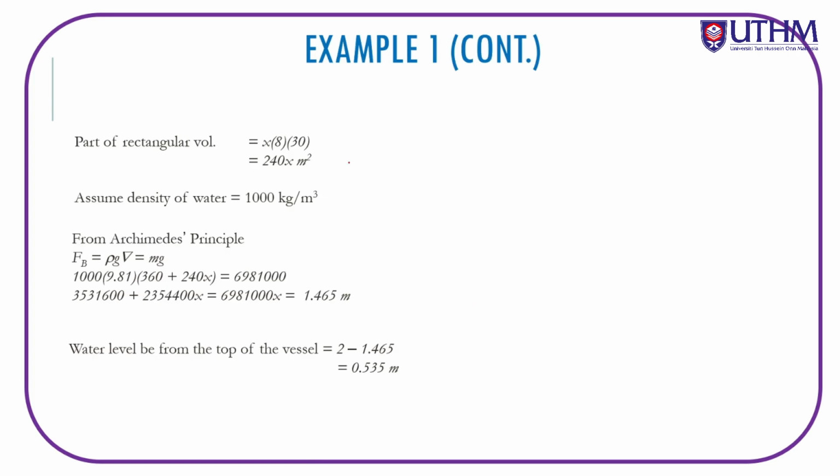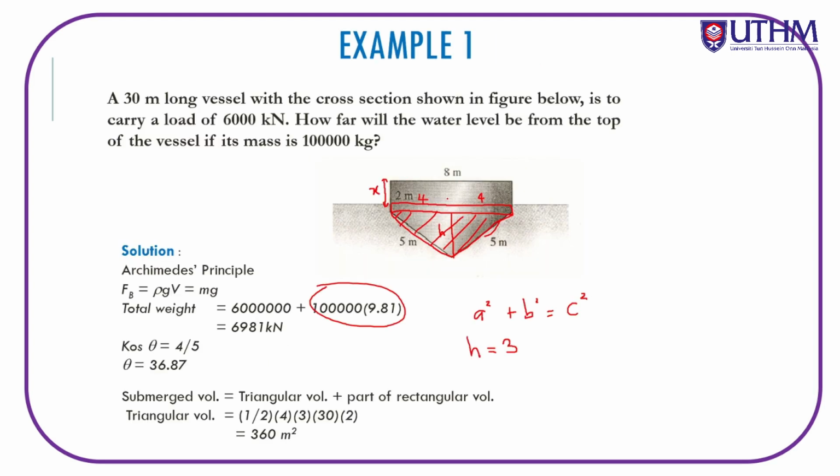Okey, sekarang kita akan kira part of rectangular volume pula. Part of rectangular volume yang submerged, kita tak tahu bahagian sini. Bahagian sini. Bahagian sini. So, kita dah dapat tahu dia punya panjang, kita dah dapat tahu dia punya lebar, tapi kita tak tahu dia punya tinggi.